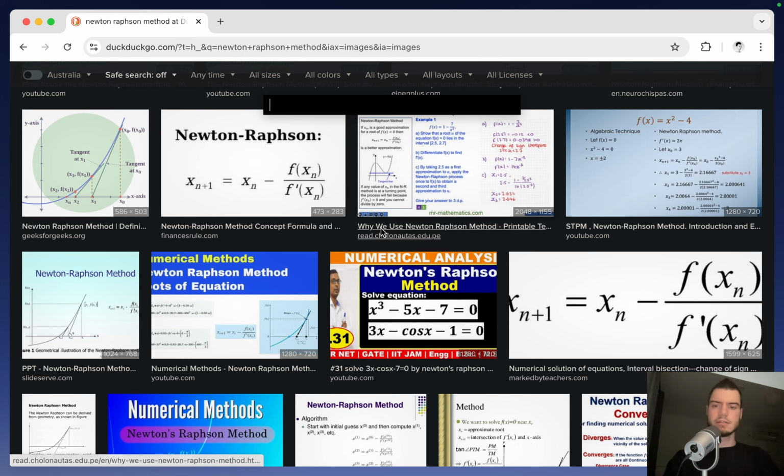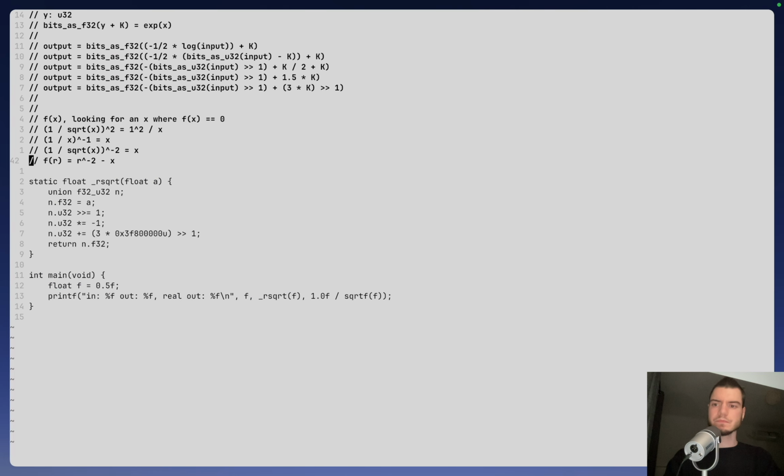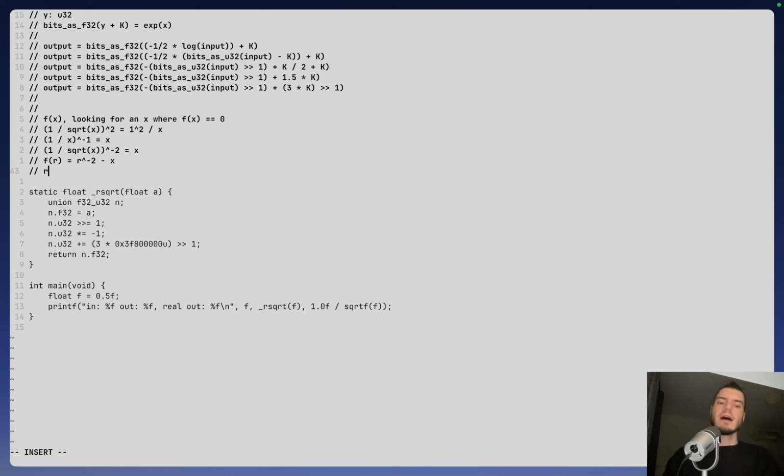Let's write this down. Our next r value, again, r is the result of our inverse square root, is our current r value minus f of r, which is this function right here, divided by the derivative of that function.